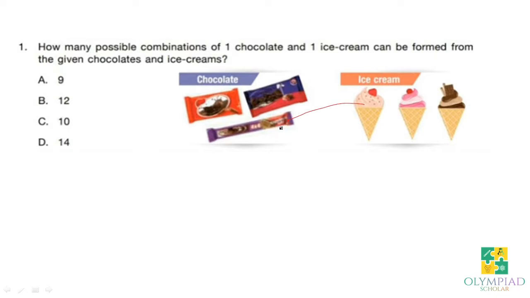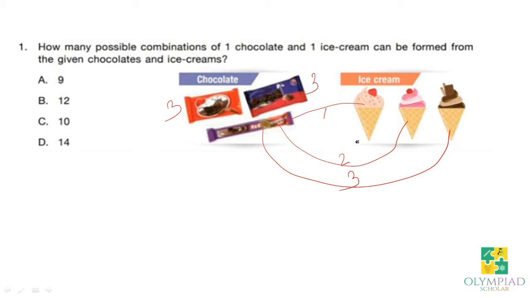You can have this chocolate and this ice cream. This is a combination, and you can combine the same chocolate with the second ice cream and with the third ice cream. In this way, with the first chocolate, you have 3 combinations. Similarly, you will have 3 combinations for this and 3 combinations for this also.